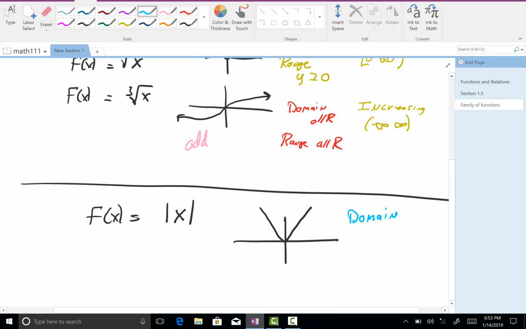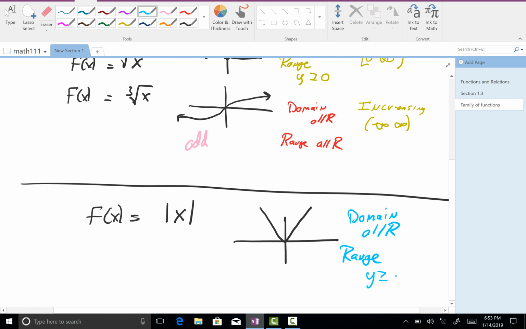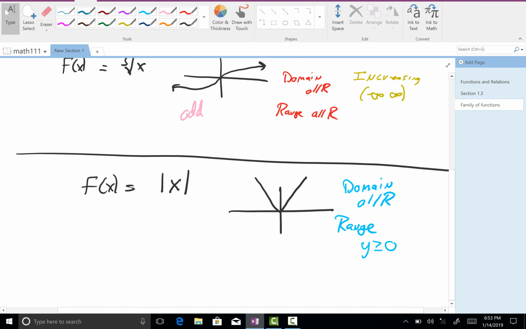What's the domain of this? Yep. What's the range? Yep, greater or equal to 0. Okay. And it has a minimum, right? Right there.